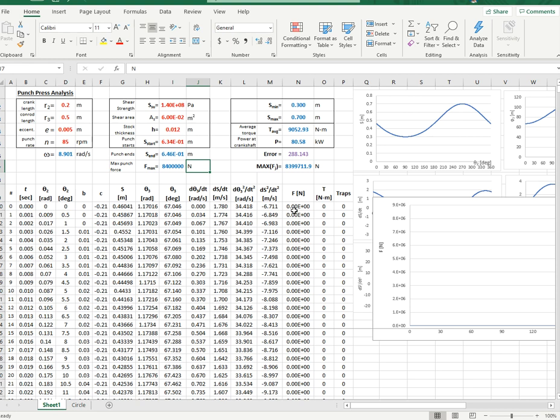All right, let's look at the force. I have defined the shear strength of the material, the shear area based on the circumference and thickness, and the stock thickness, as well as when the punch starts. When the s value is 0.634, I have the punching starting.